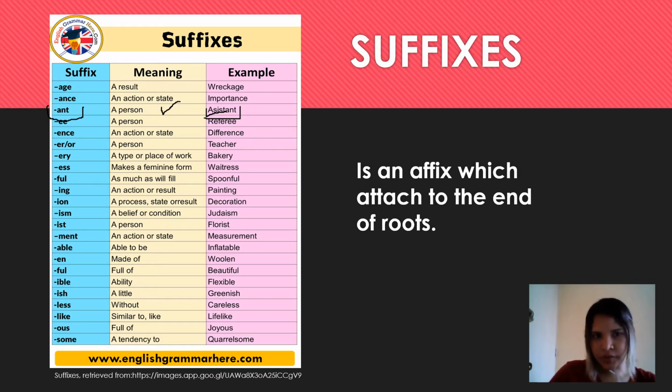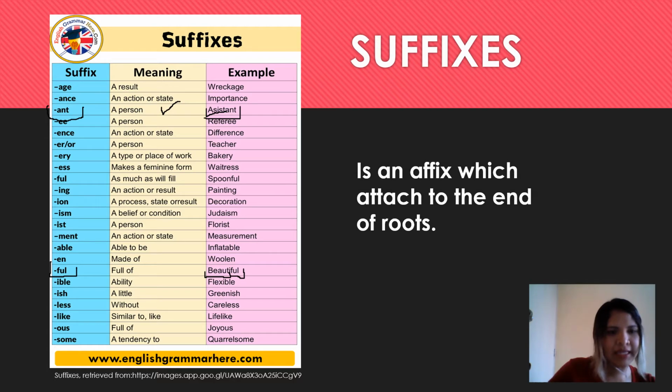Let's see another example. Full is the suffix, and the root is beauty. If I add the suffix full, I will get beautiful. That means full of. Let's take another example.